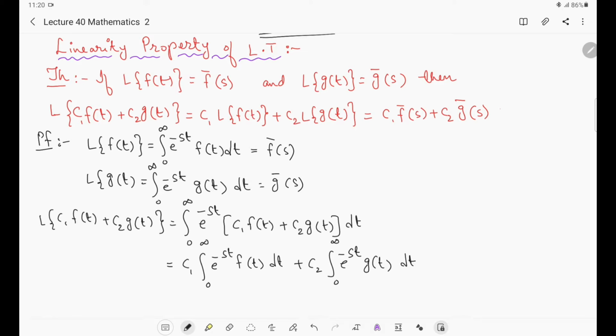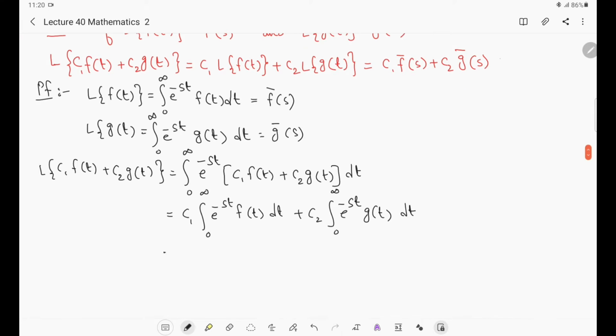This is possible because integral is distributive over addition and constants can be written outside of the integral. By using that property of integral, I can write like this. Then the integral 0 to infinite e power minus st f of t dt can be written as Laplace transform of f of t. So this is equal to C1 into Laplace transform of f of t.